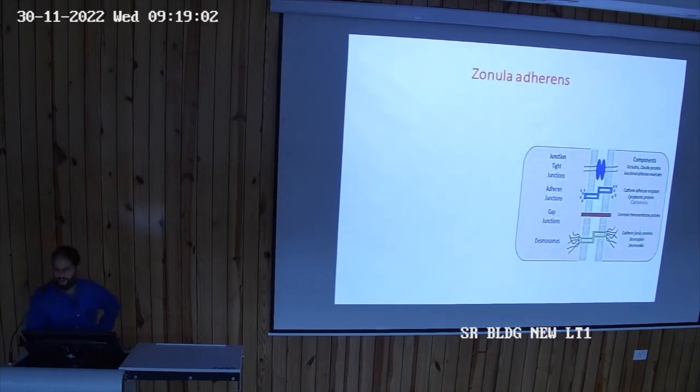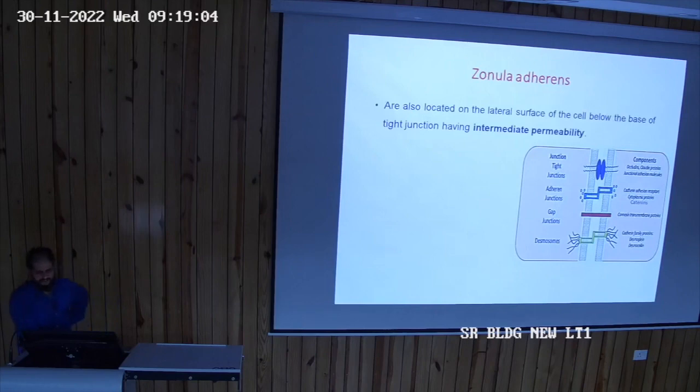Then there is zonula adherens. Zonula adherens कर रहा है एक दूसरे से. This is having intermediate permeability. इसमें ऑक्लूडेंस में ऑलमोस्ट नेग्लिजिबल था, है ना. इसमें intermediate permeability है. गैप जंक्शन में परमेबिलिटी ज्यादा है क्योंकि साइटोप्लाज्म कम्युनिकेट कर रहे हैं.